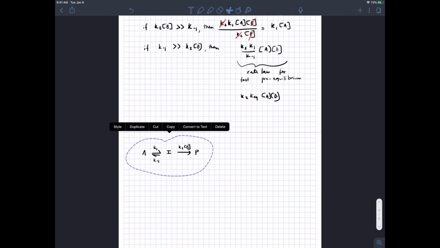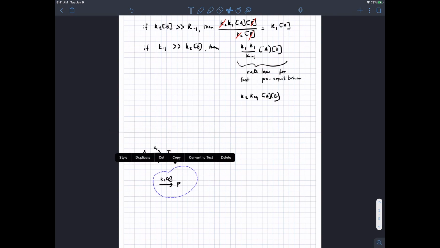So to set that up, we need to create the following situation where A converts into intermediate plus product 1, and then I goes on to react with B to give product 2.